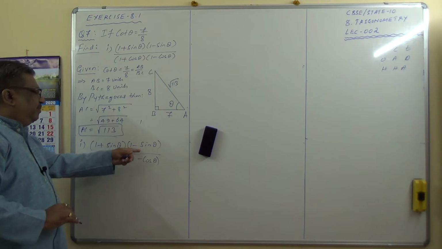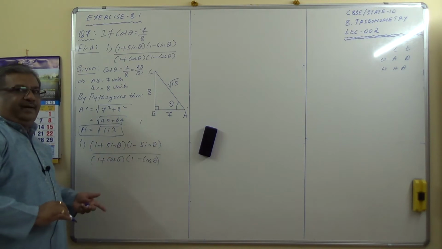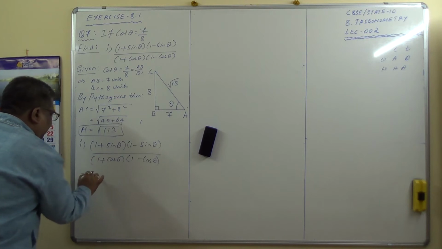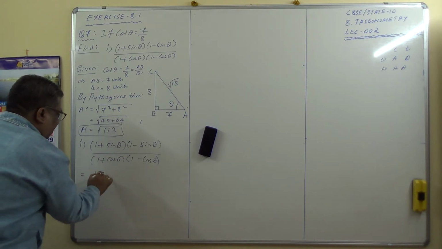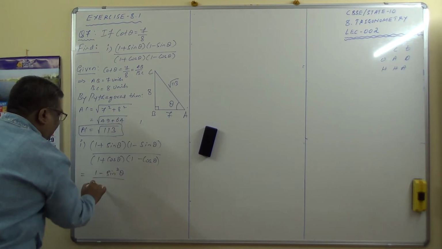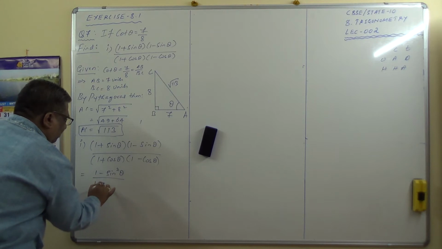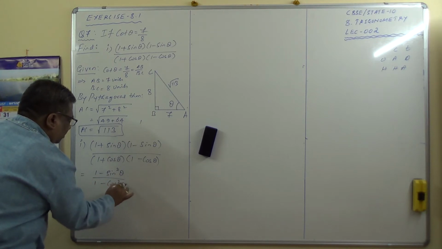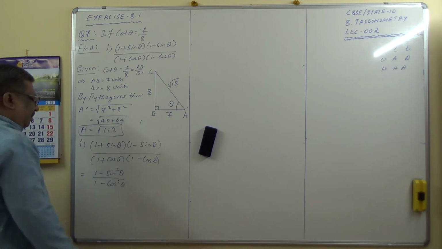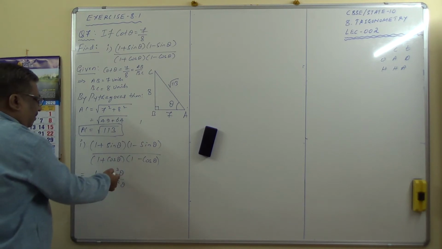A plus b into a minus b is a square minus b square. So that identity I am using here, which equals 1 square is 1, 1 minus sine square theta divided by 1 minus cos square theta.